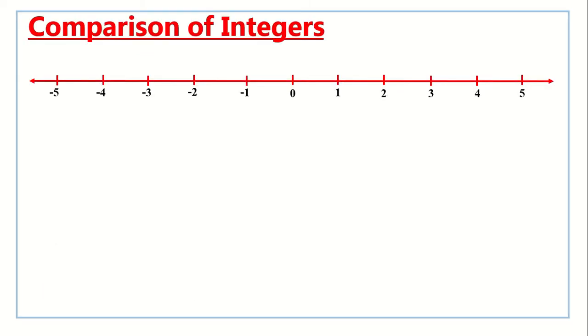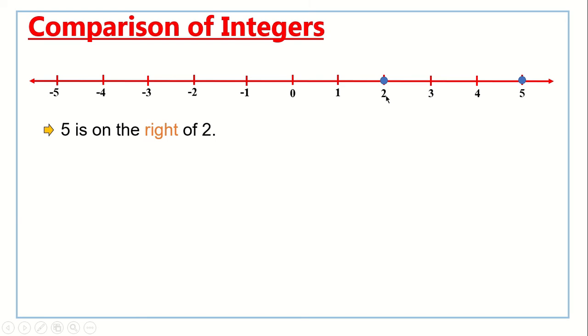Now, let's look at comparison of integers. Okay? Now, look at 2 and then you look at 5. You can see that 5 is on the right of 2.